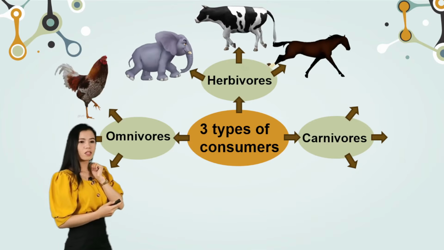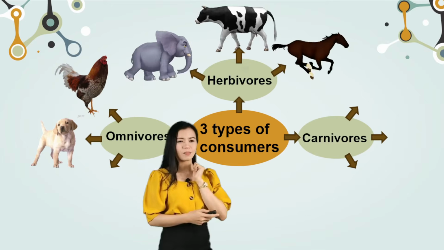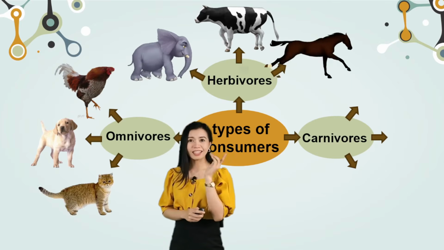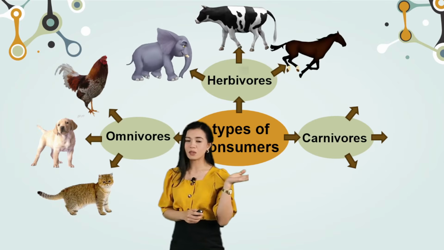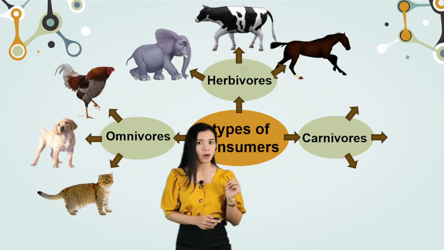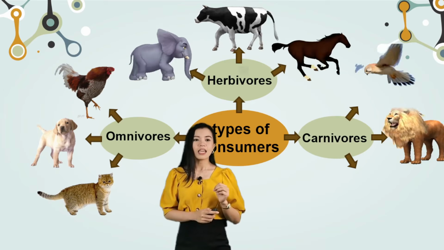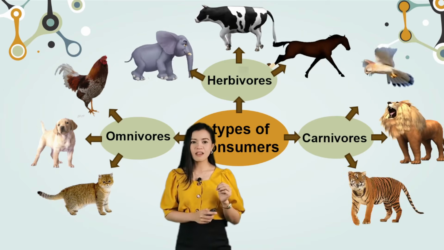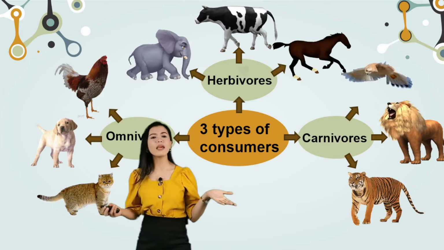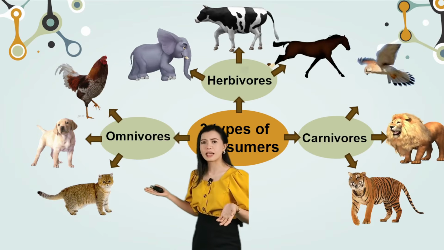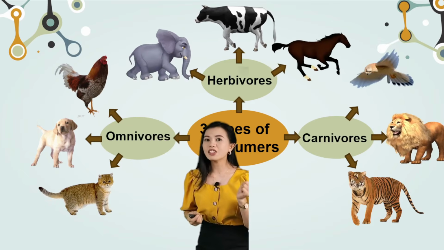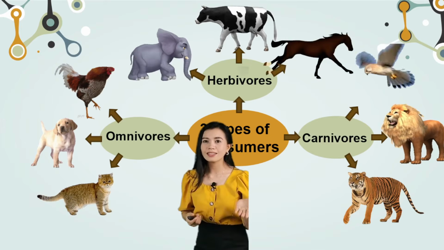While omnivores are chickens, dogs, and cats, and there are many more examples. And the carnivores are the falcon. They only eat meat. Even the lion and the tiger. If you make use of this chart as your example, other people will understand your collected data better.